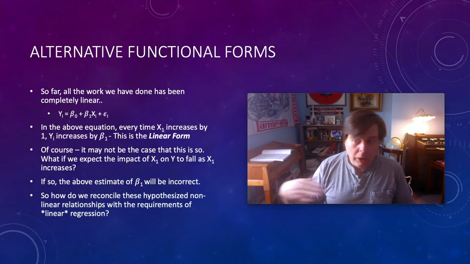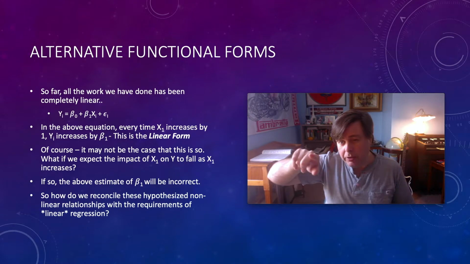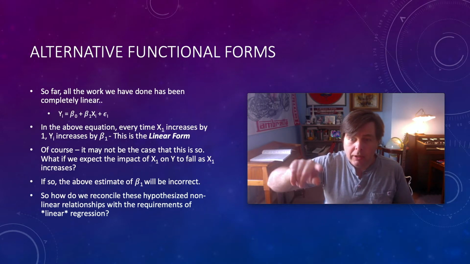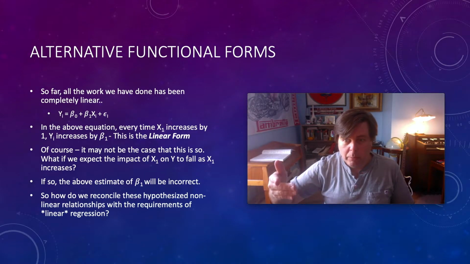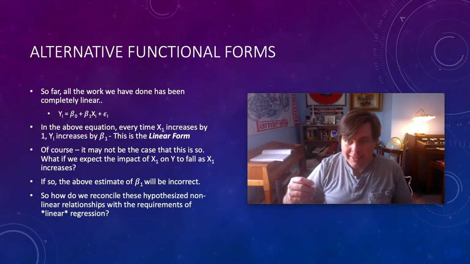But what if that's not the case? What if we expect maybe the first changes in x, so if x changes from like 0 to 1, we expect a big change in y. But then as x increases, it sort of tapers off. Like maybe the number of bathrooms a home has on a home price, right?